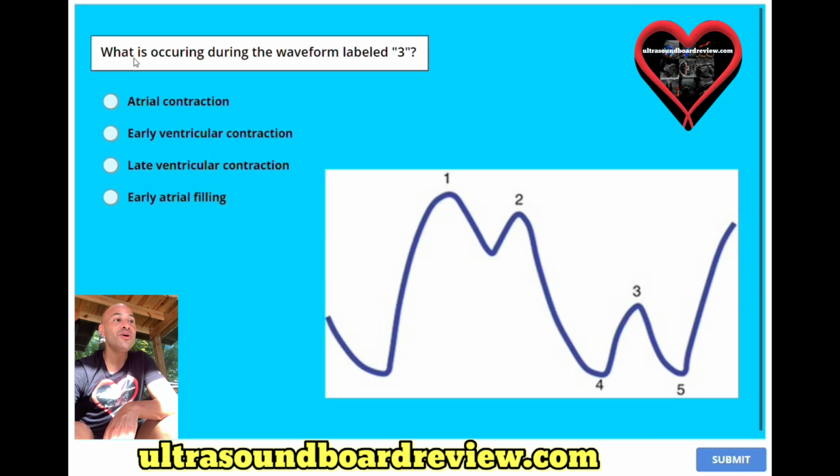Question number 12. What is occurring during the waveform labeled 3? A, atrial contraction, B, early ventricular contraction, C, late ventricular contraction, or D, early atrial filling? So what is happening right here?